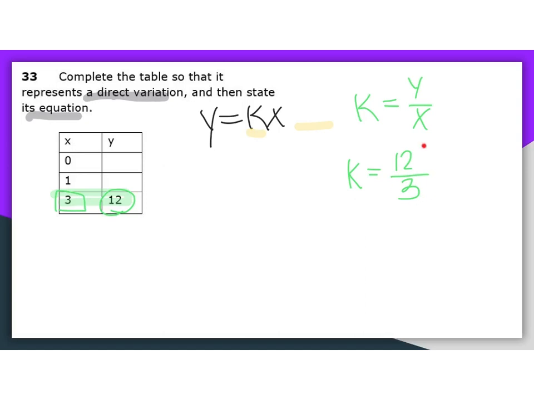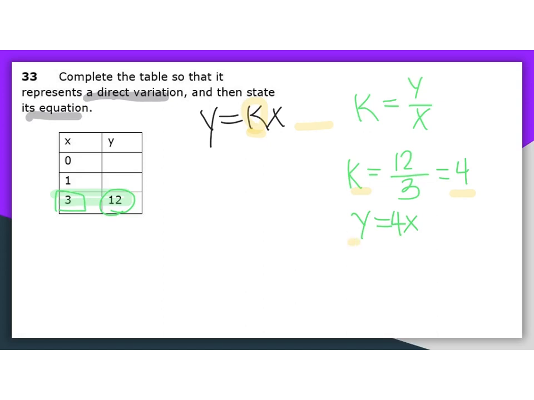So we see it as 12 divided by 3, and that's going to come out to 4. So our constant has a value of 4, which means we have an equation of y equals 4x, where we are placing this 4 in place of the constant from our equation.